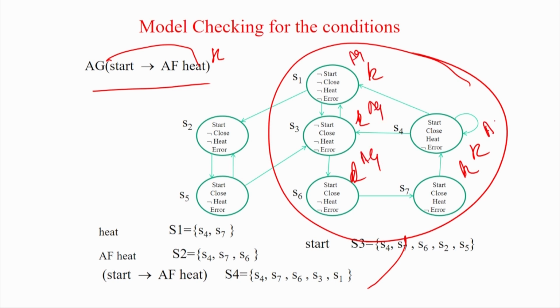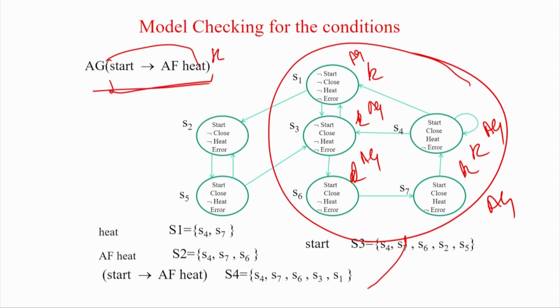Even in these states we will write it, but then we will delete it because K is not true over here. Of course AGK will be there, but then you will remove it. That will go over these states because there are some paths in which it is not actually holding. So by the model checking algorithm, AGK will be eliminated.